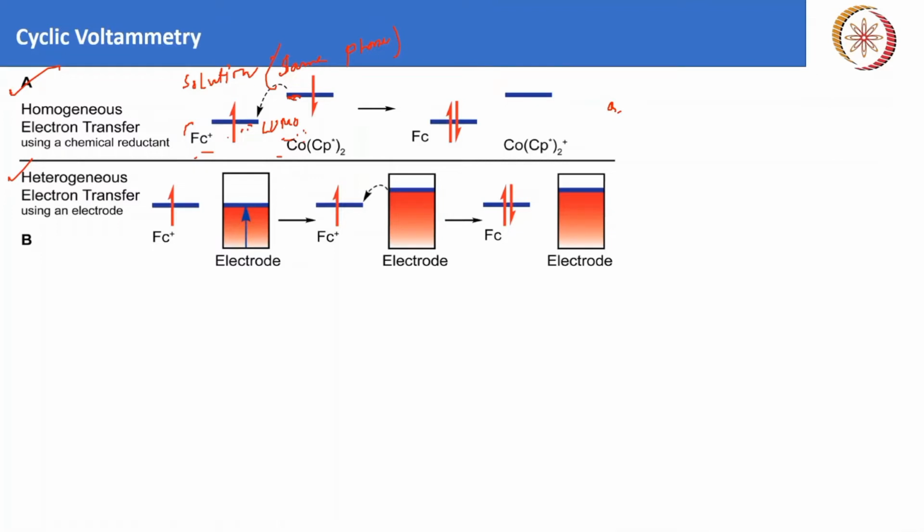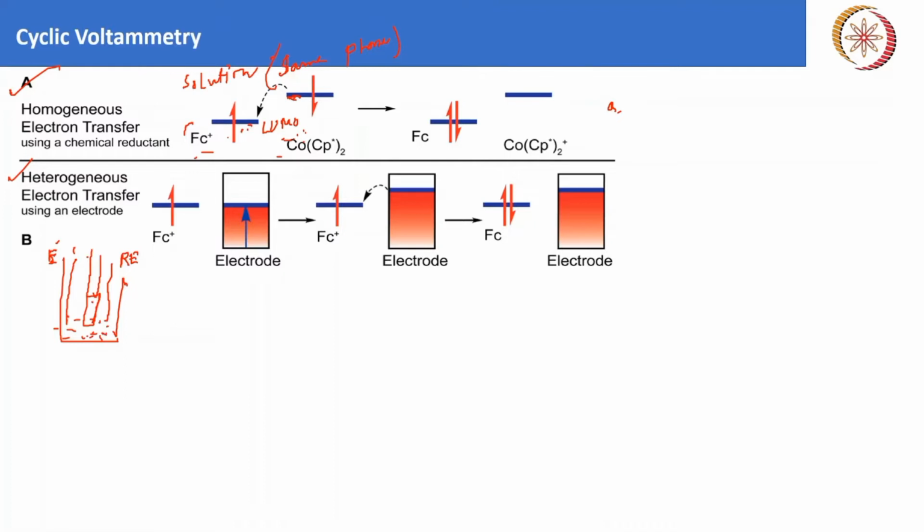Now, what is heterogeneous electron transfer? It is not in the same phase. In heterogeneous electron transfer you have an electrode, which is a solid, and your analyte is in solution, and you dip your working electrode, counter electrode and reference electrode into the solution.